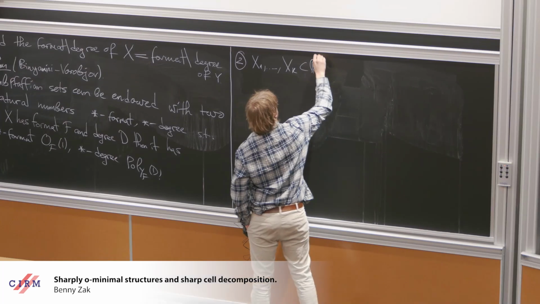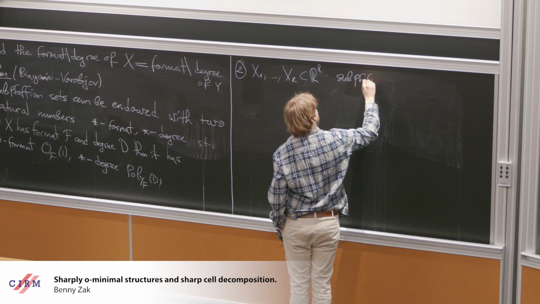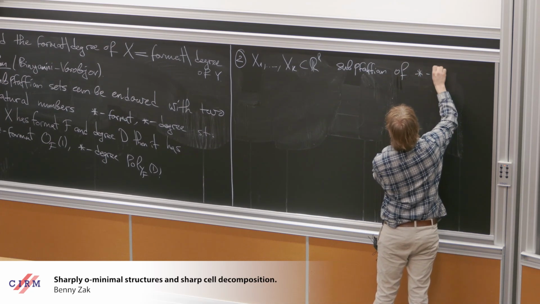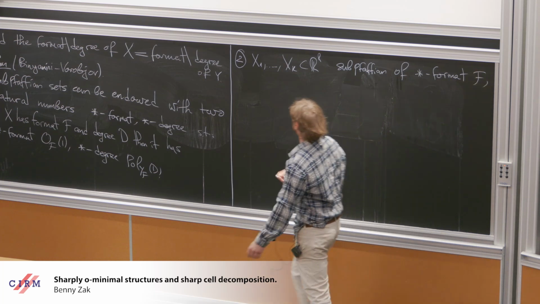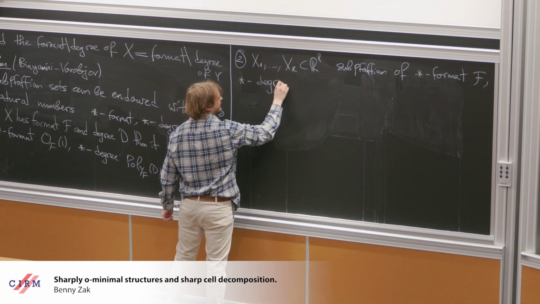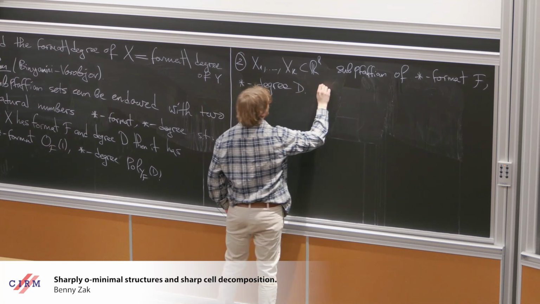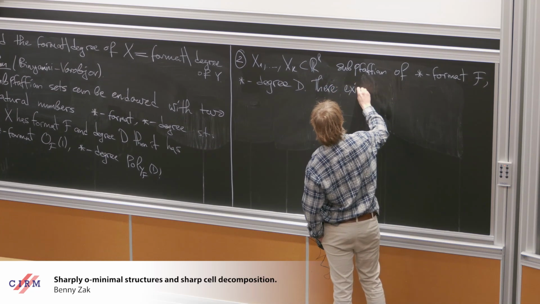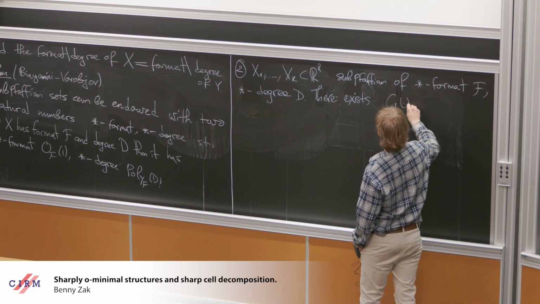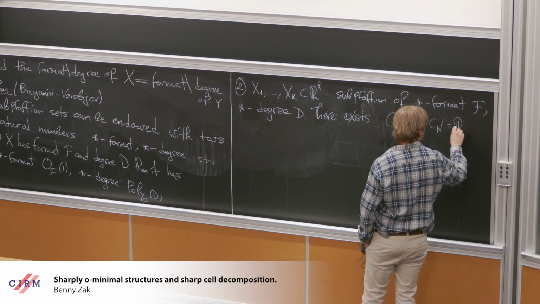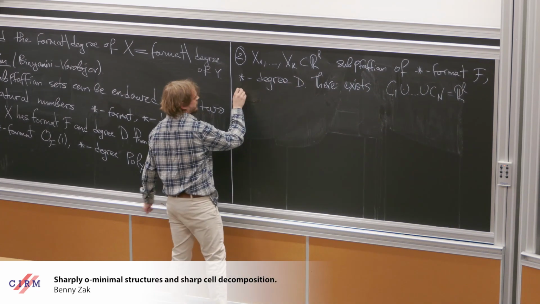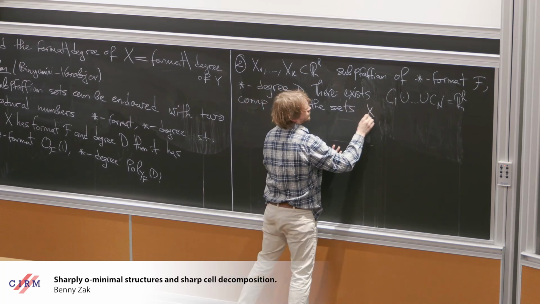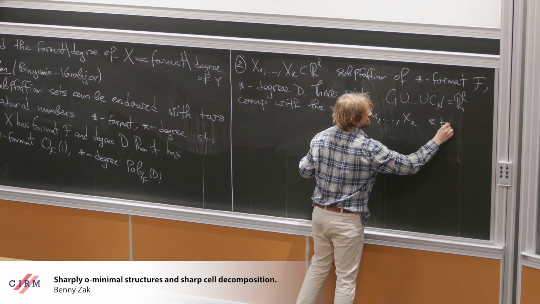X_k in R^L sub-Pfaffian, but now of star format F and star degree D. So every one of these sets has star format F and star degree D. Then there exists a cellular decomposition again, compatible with these sets X_1 up to X_k, such that, again, kind of such that.